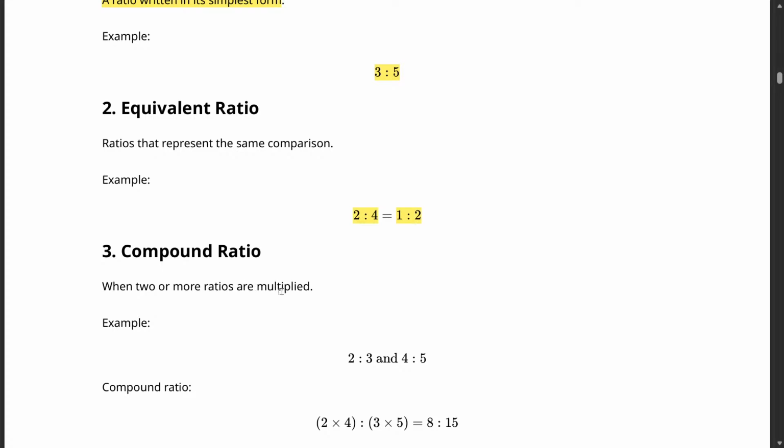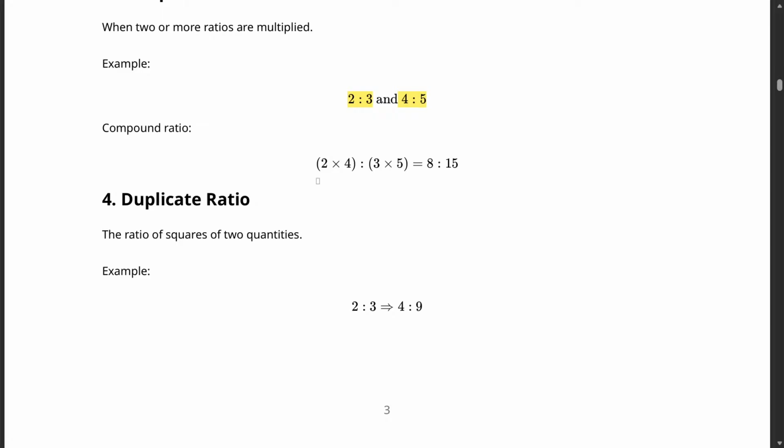For example, 2 is to 3 and 4 is to 5, the compound ratio will be 2 into 4 is to 3 into 5, that is 8 is to 15.